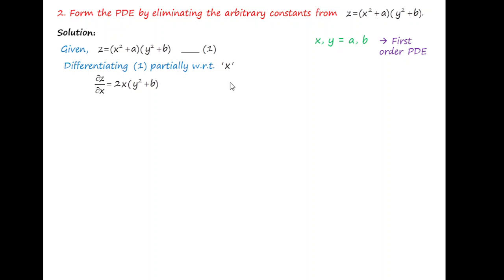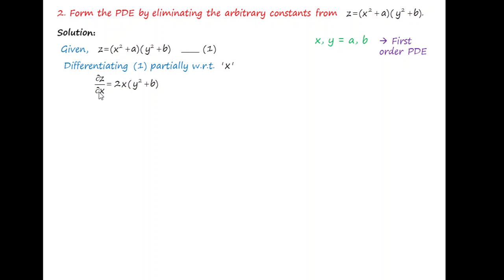When doing the differentiation of the product, y squared plus b is constant because we are taking the partial derivative with respect to x. So write y squared plus b as it is, into the differentiation of x squared, which becomes 2x, plus a whose differentiation with respect to x becomes 0.